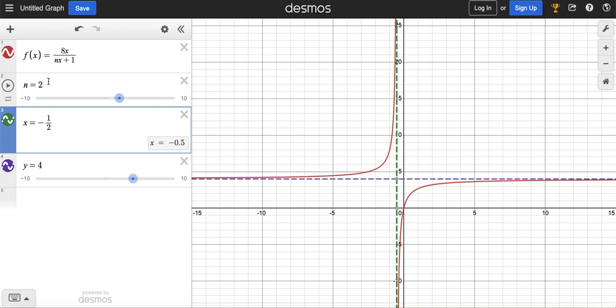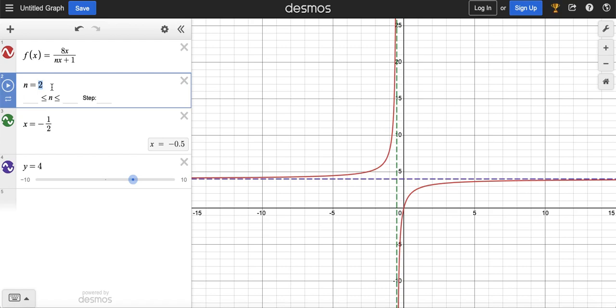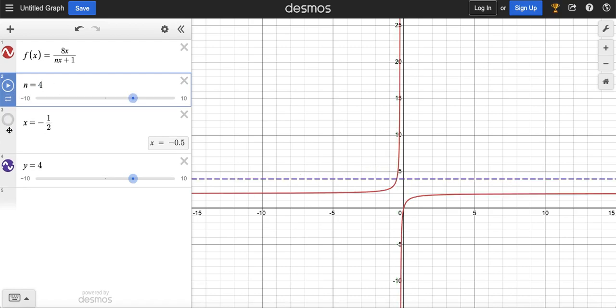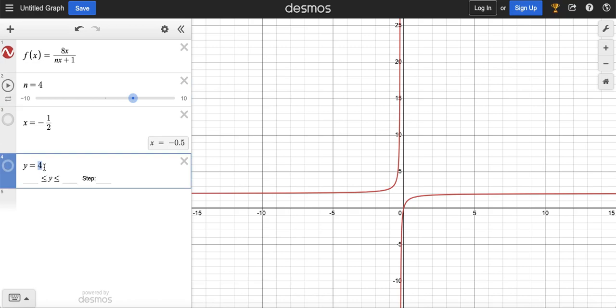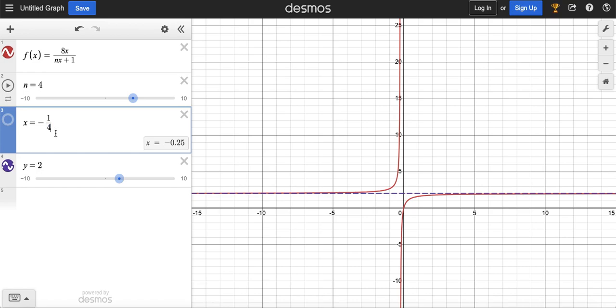And we can keep going. We can try n is equal to 4, and you'll notice something similar. When n is equal to 4, my graph is going to approach the horizontal line y is equal to 2, and it's going to approach the vertical line x is equal to -1/4.